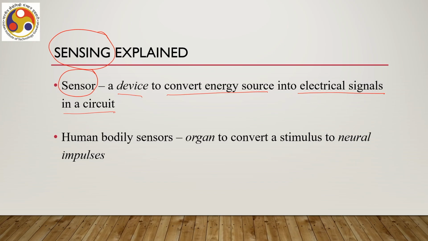In the context of the human body, bodily sensors on the other hand refer to a body organ that converts a stimulus to neural impulses. Idea wise similar, structurally different.